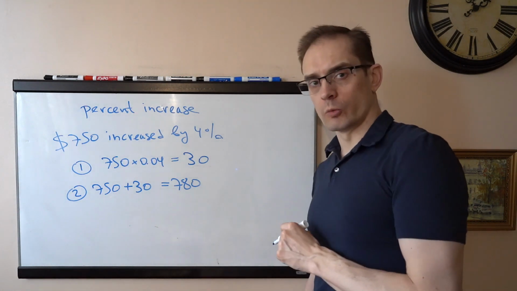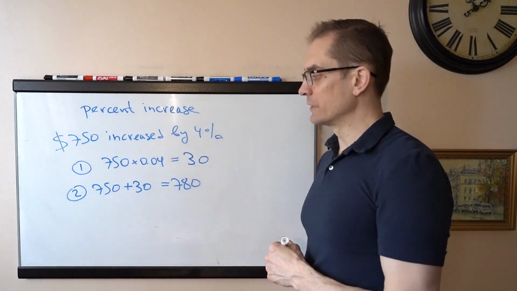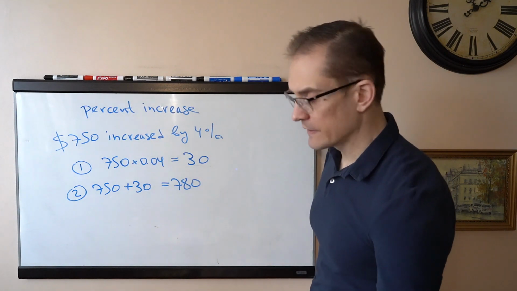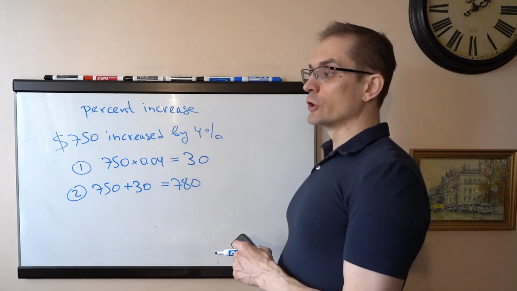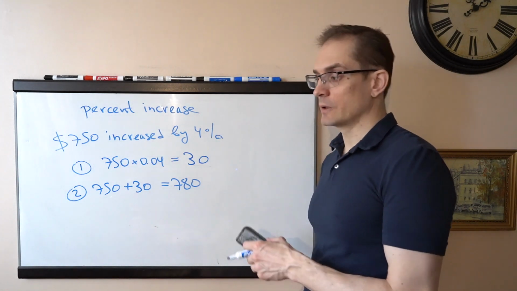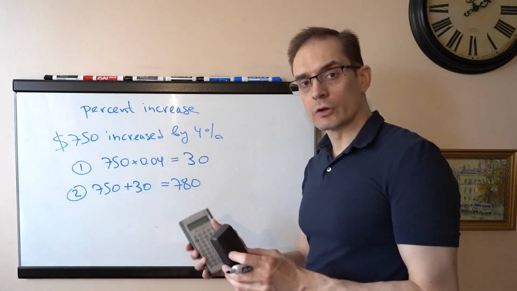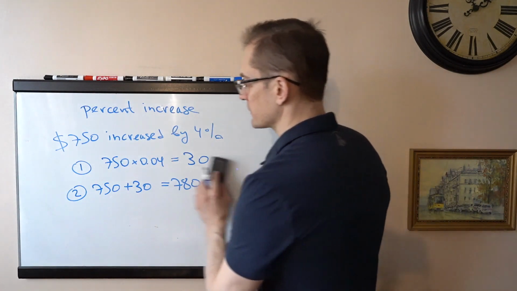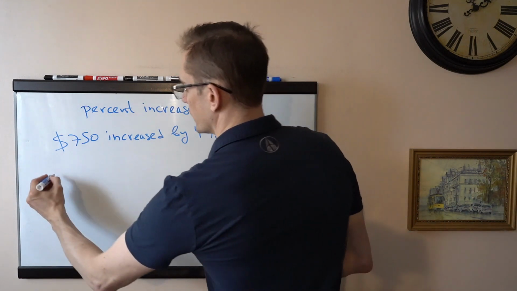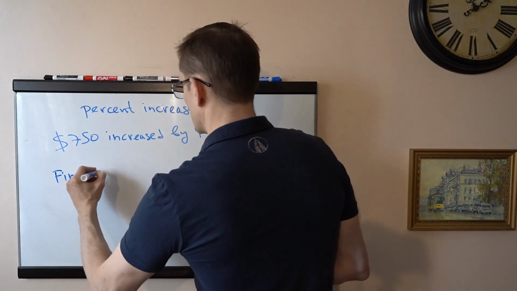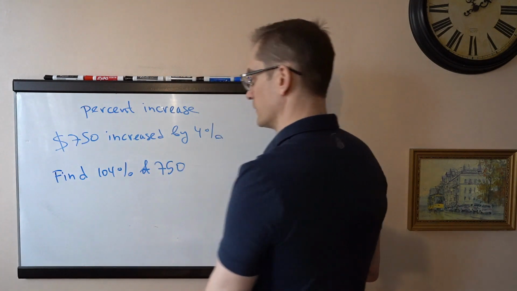And that's a very natural way to think about percent increase. Just find 4%, add it on top of the previous amount. However, this method is not efficient, and that will be very important that we use a different method today, especially for building understanding for compound interest. What is a better way to solve this problem? A better way is to find 104% of 750.